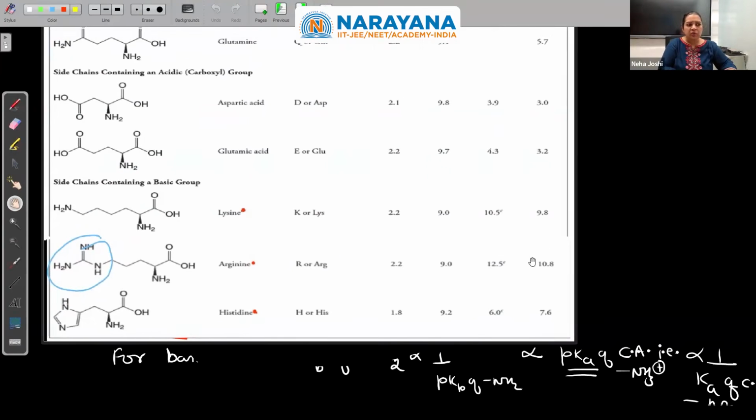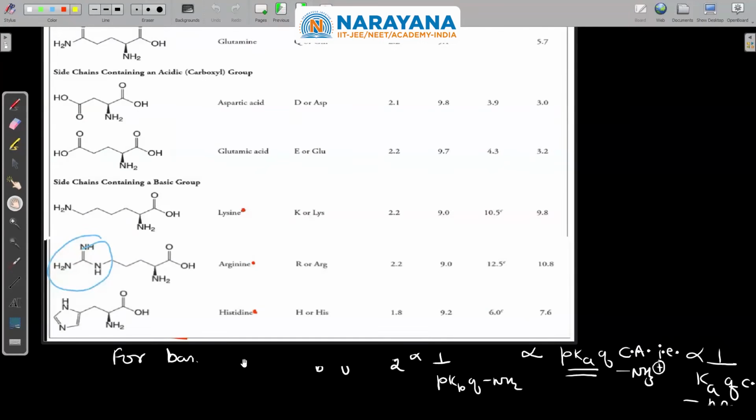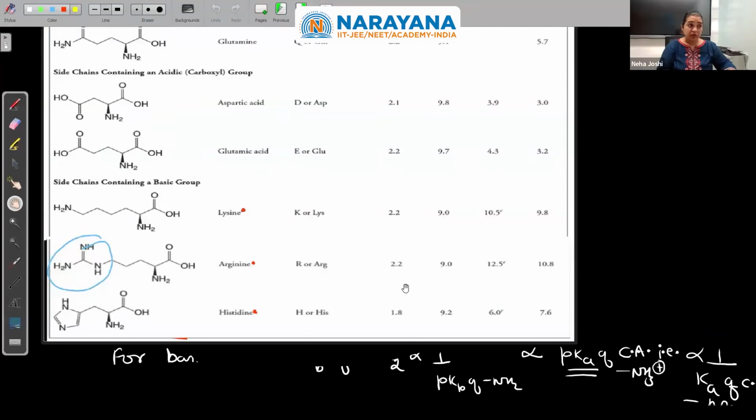We said arginine only, no? But at isoelectric pH 10.8, 7.6, right? I thought you mentioned histidine is the most basic amino acid. I might have by error, but definitely it is the guanidine thing.